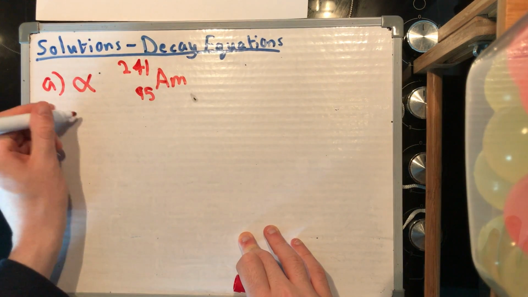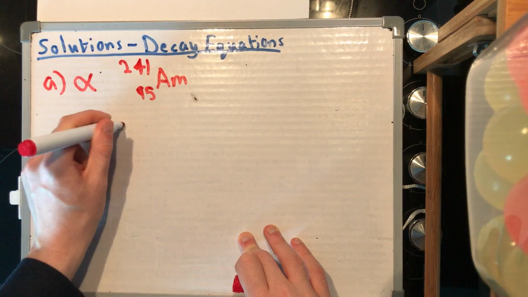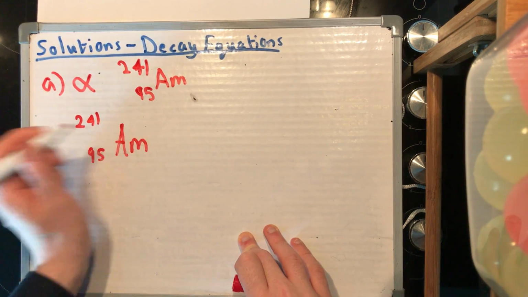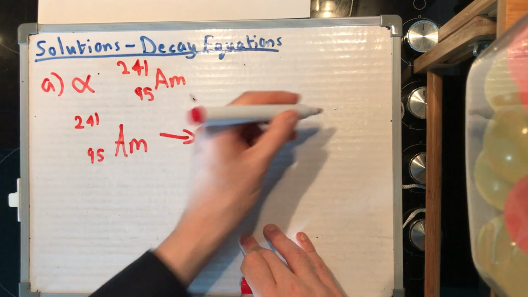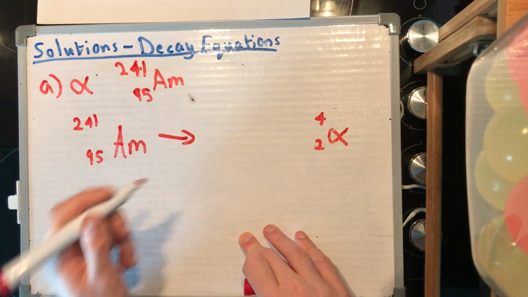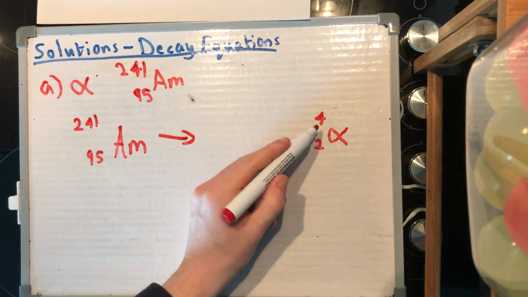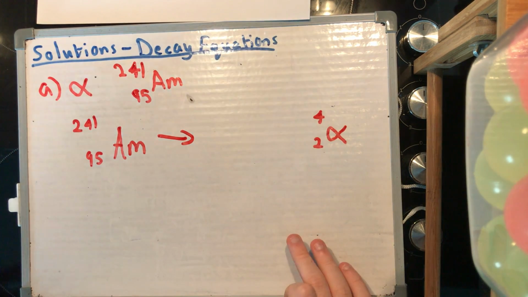So we remember our initial nucleus is americium 241. And that is then going to decay into 2 products. One of them being an alpha particle, which you'll recall is alpha 4 2. So 4 for its atomic mass and 2 for its atomic number.